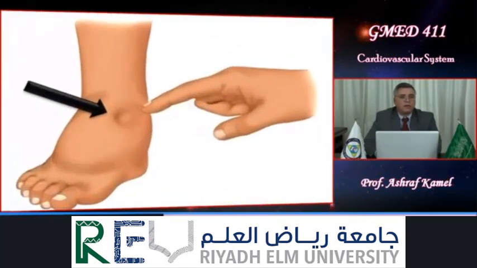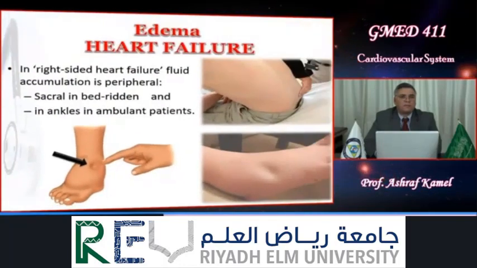And how to test for edema? With one finger we press for a few seconds, maybe 4 or 5 seconds, and then when we remove the finger, we find a pit, a hole or an impression in the skin, which proves that this patient has edema.